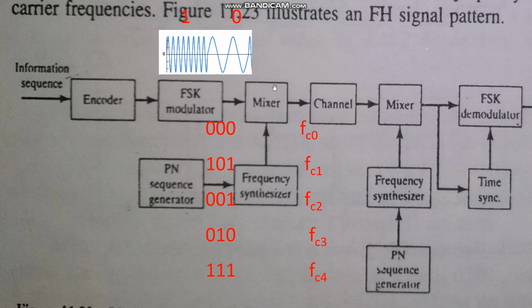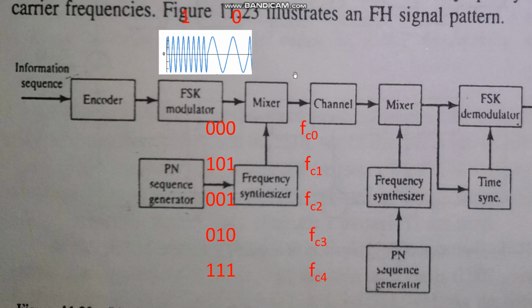And this carrier frequency is added with either this high frequency or with this low frequency. Also we need to understand that fc0 to fc4, which I have indicated here, are much larger than these frequencies.